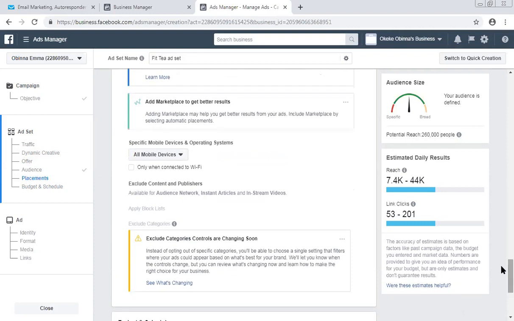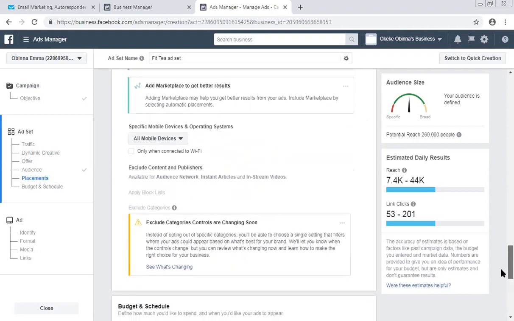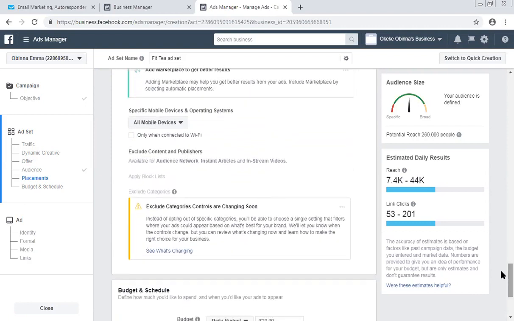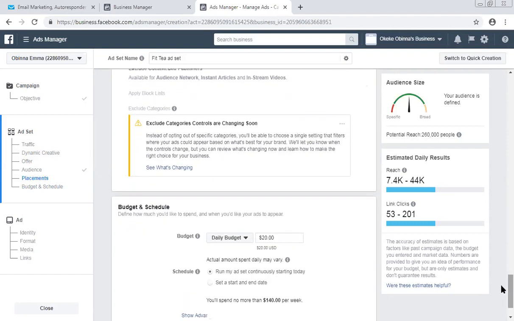Unless you are doing a big work, that's when you bring out your laptop and start setting things up. For most of our audience, they access their Facebook account using their phones. So I target all mobile devices, and that's that with my placement.